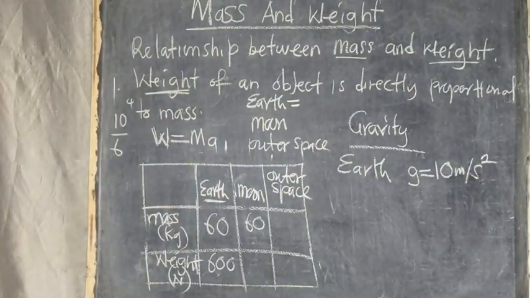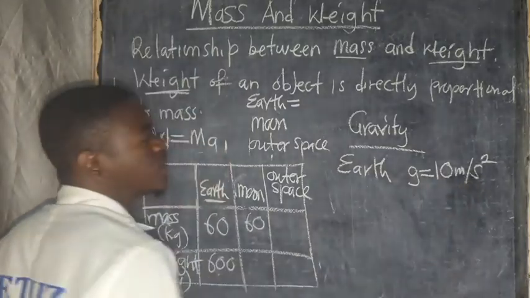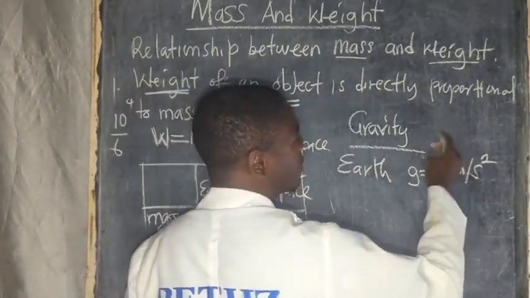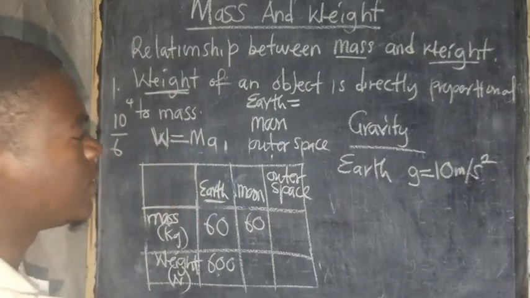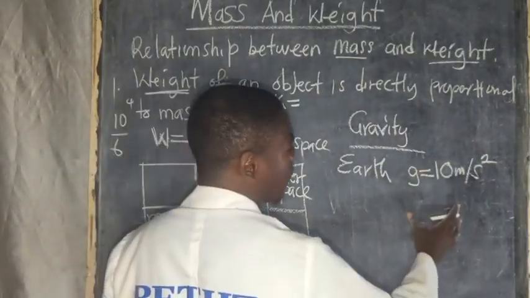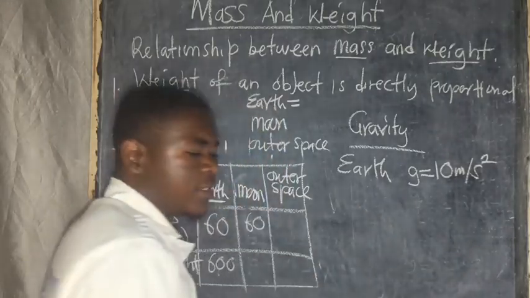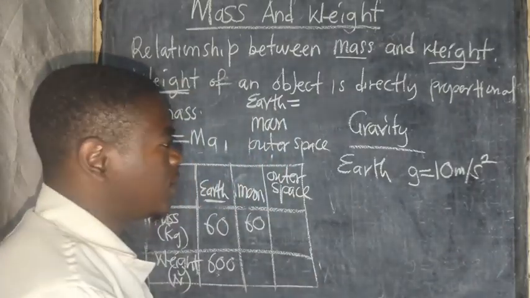Even when certain questions come in an exam, we use 10 for gravity. This is the gravity that is approximated on the earth.